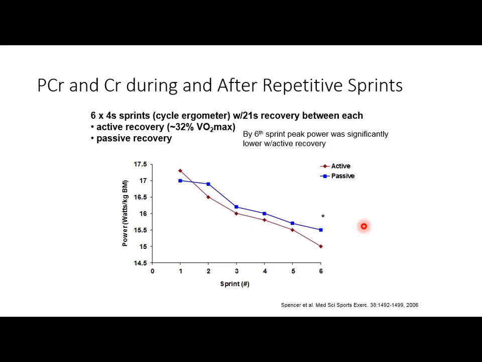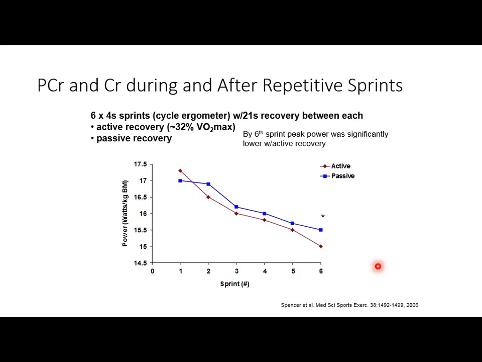They were no longer contracting their muscles, therefore allowing their mitochondria the ability to recover phosphocreatine. The active recovery group was still contracting their muscles during recovery. It might have been light, but they were still contracting, which means that the ATP that was being produced by the mitochondria during the rest periods was not just going toward phosphocreatine repletion.